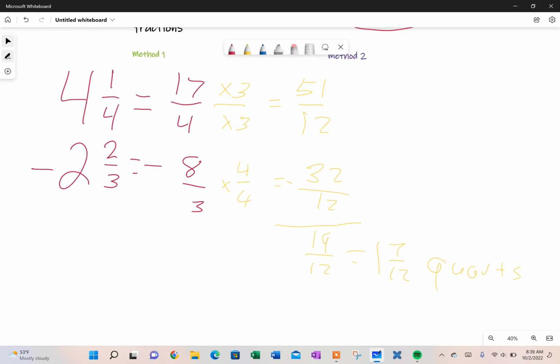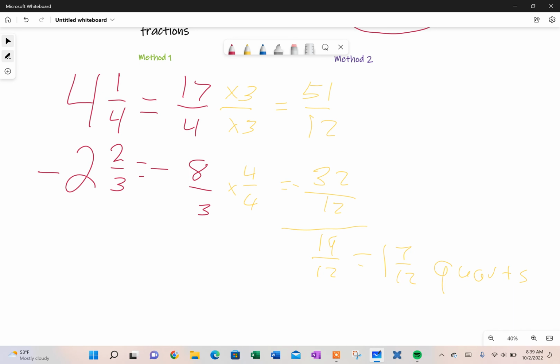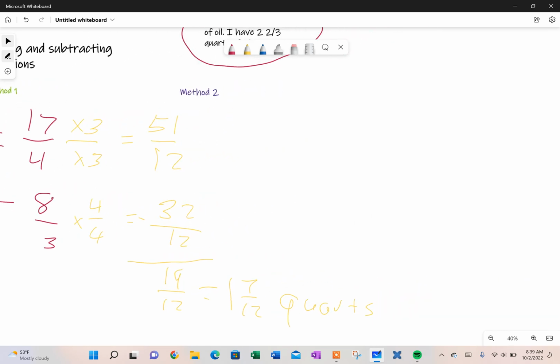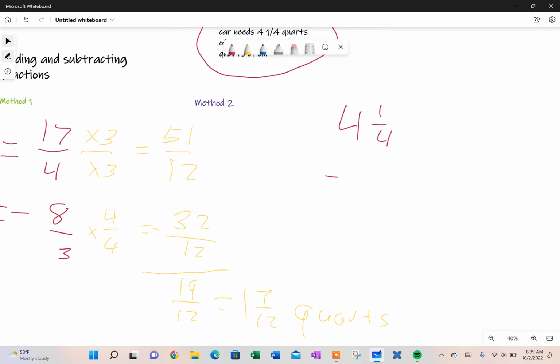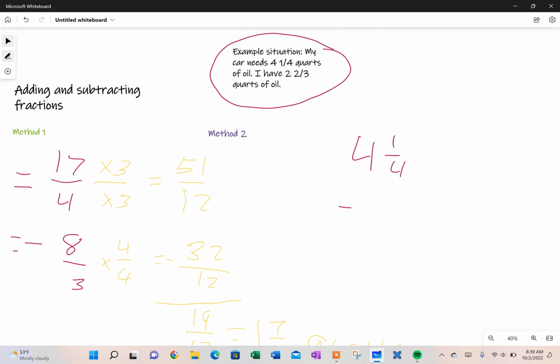Now I'm going to show you another way of solving this, in case you don't like doing it that way. The other way of doing this is I start with my 4¼ minus 2 2/3. The first thing I'm going to do is get a common denominator.